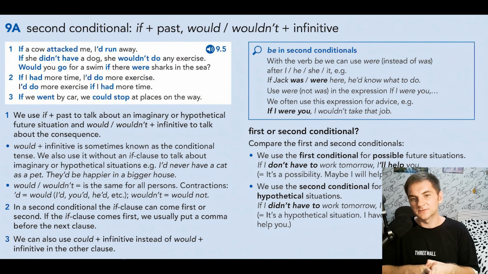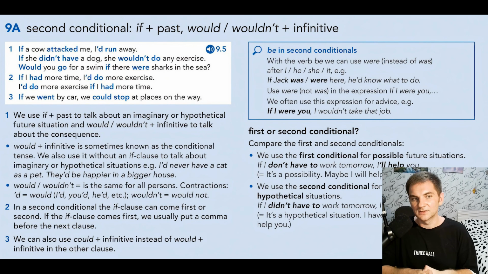If the if clause comes first, we usually put a comma before the next clause. We can also use could plus infinitive instead of would plus infinitive in the other clause. Be in second conditionals. With the verb be, we can use were instead of was after he, she, it.